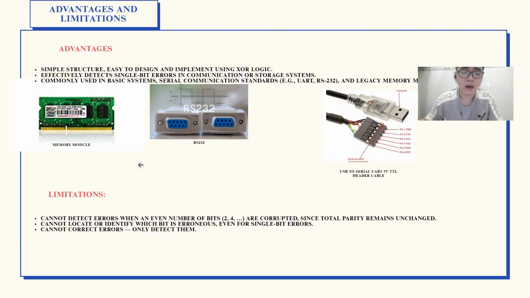However, the technique also comes with several limitations that restrict its use in modern high-reliability systems. Number one, limited error detection capability. The parity method fails to detect errors when an even number of bits, for example 2, 4, or more, are corrupted, because the total parity count remains unchanged.